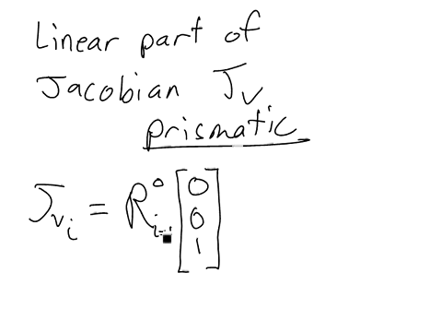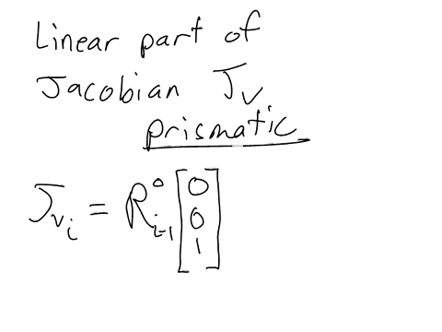If I have a prismatic joint, the joint variable velocity will be multiplied by 0, 0, 1, since the rotation matrix is the identity matrix here. And so this will end up telling me that the linear velocity of the link is the same as the joint velocity.